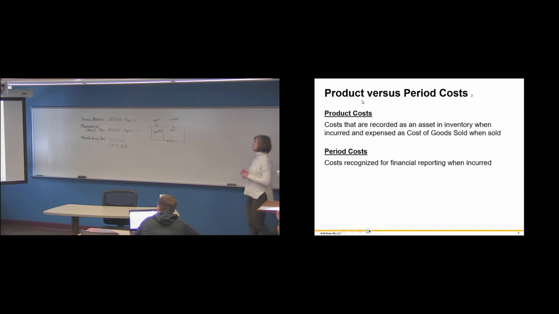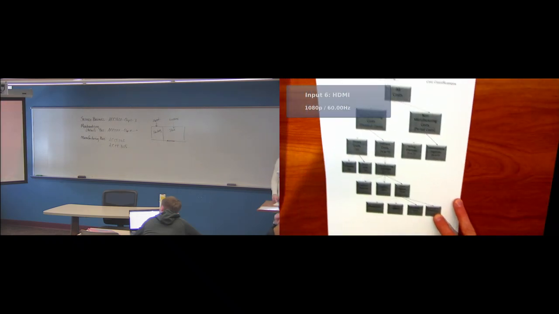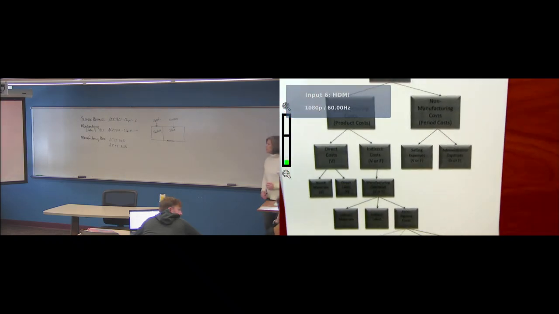Product costs are costs that are recorded as an asset in inventory when incurred and expensed as cost of goods sold when sold. So if you look at the handout that I gave you, and I know you guys can't see this all that well up here, but I'll do my best.